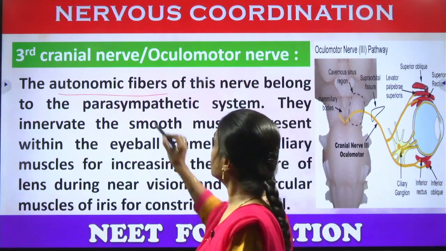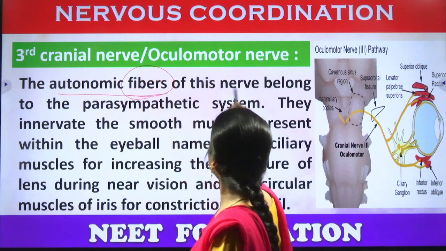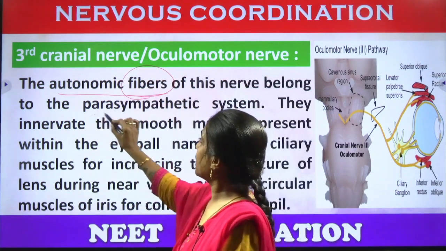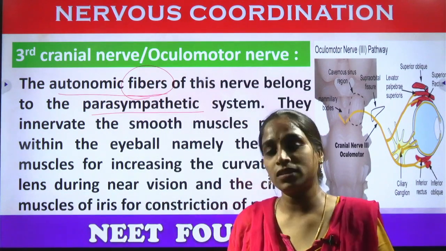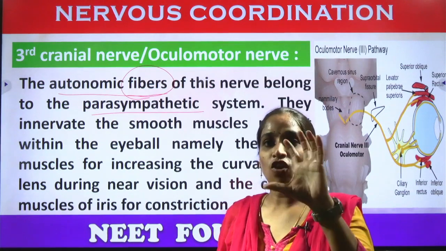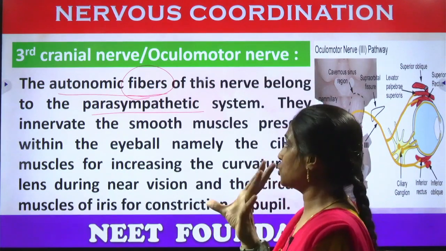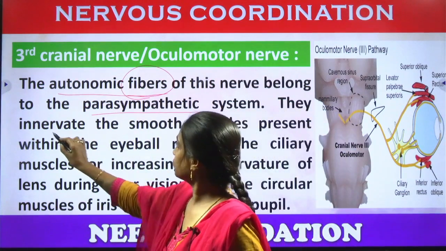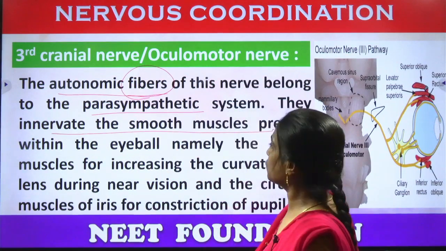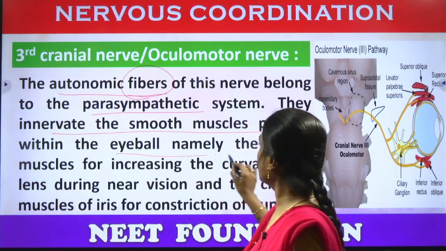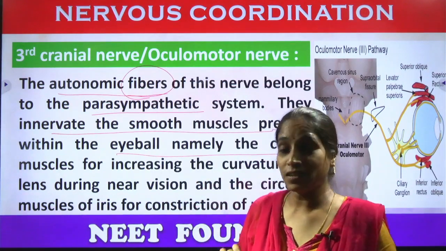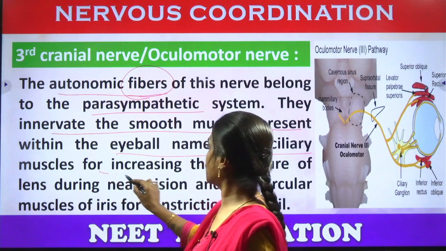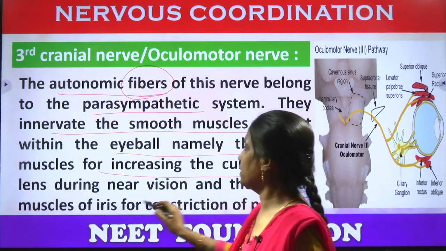The nerve fibers of this nerve belong to the parasympathetic system, which is nothing but contraction and relaxation of the involuntary muscles. So they innervate the smooth muscles present within the eyeball, namely the ciliary muscles, for increasing the curvature of the lens.